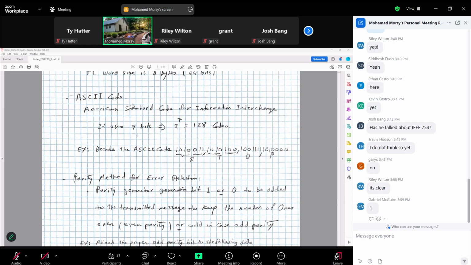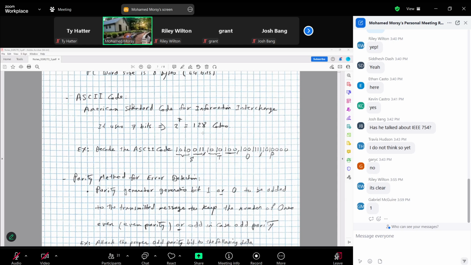It is actually extended to 8 bits, so we have 2 to the power 8, which is more codes to cover more symbols, especially for other languages like Chinese or Japanese. They need more codes to represent all symbols.